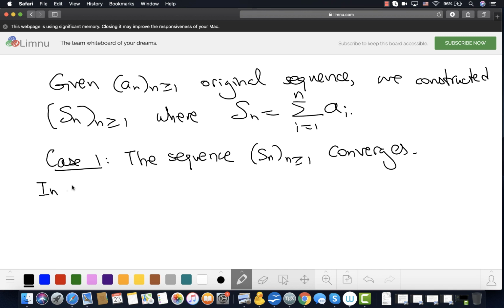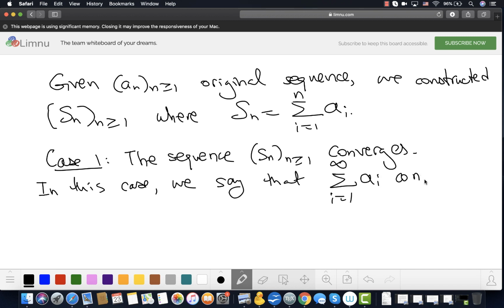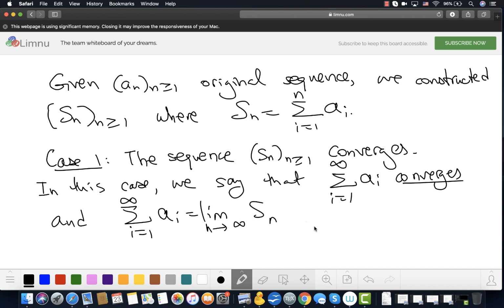So in this case, we say that our infinite series, sum i goes from 1 to infinity of a sub i, converges. And in fact, the value of this infinite series, by definition, is the limit as n goes to infinity of S sub n, which is some number.